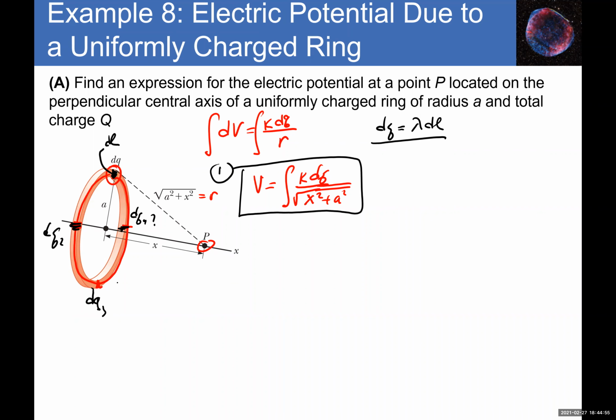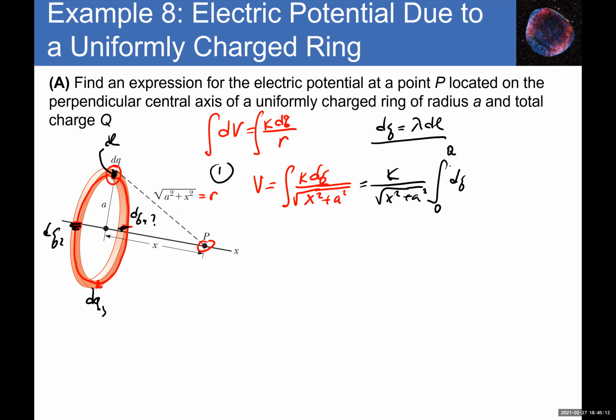That means everything is constant, and the equation simplifies: x squared plus a squared is the same for all of them, leaving just the integral of dq from 0 to q. Integrating, I get k q over the square root of x squared plus a squared.